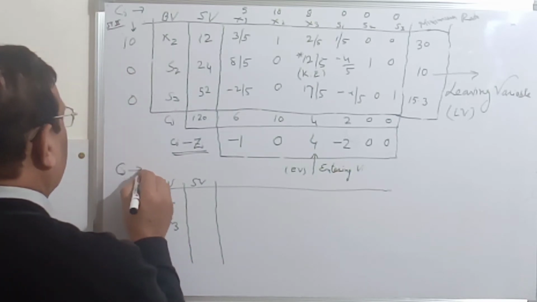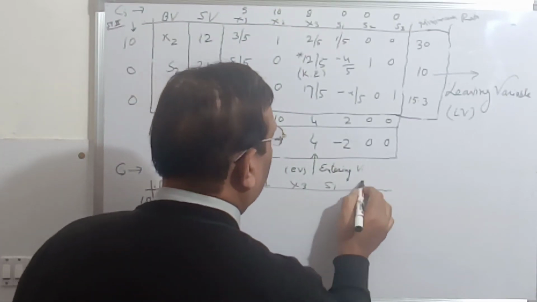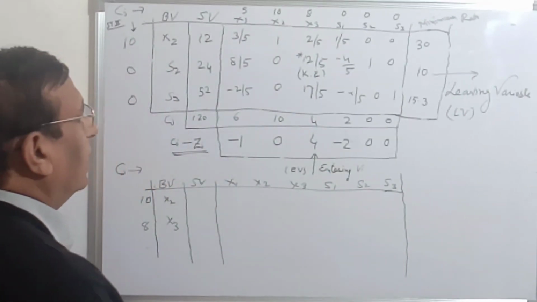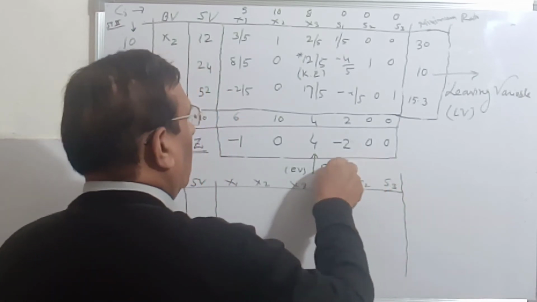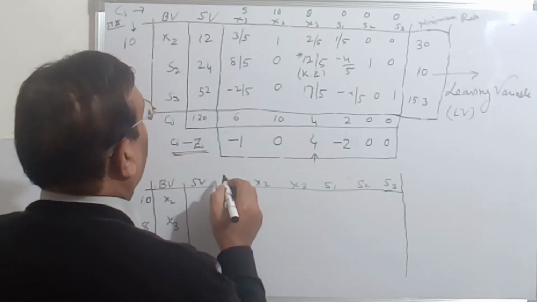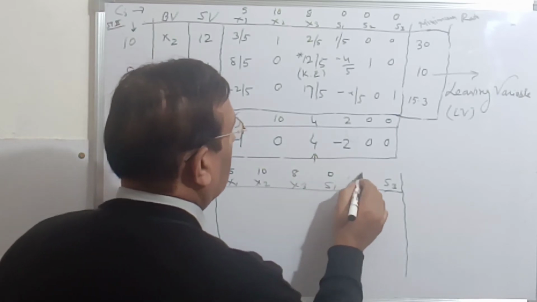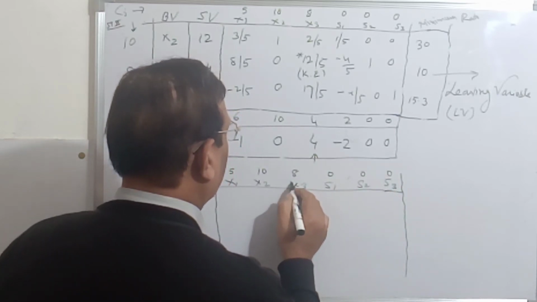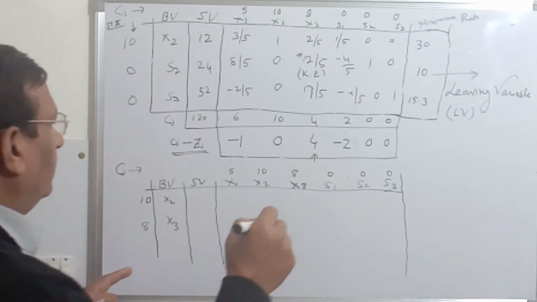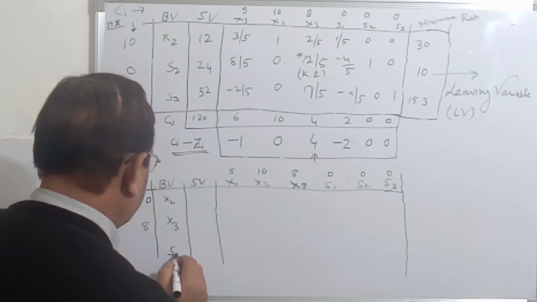This is your Cj. x1, x2, x3, s1, s2, s3. Coefficients are 5, 10, 8, 0, 0, 0. And S3 will remain as it is, 0.